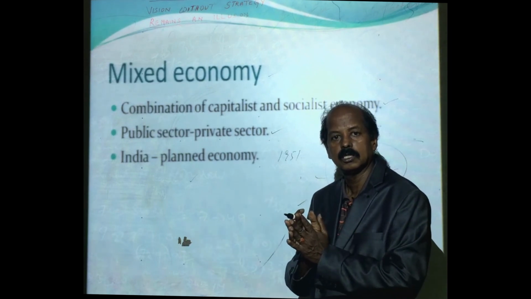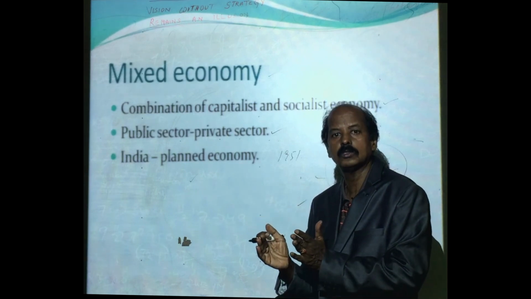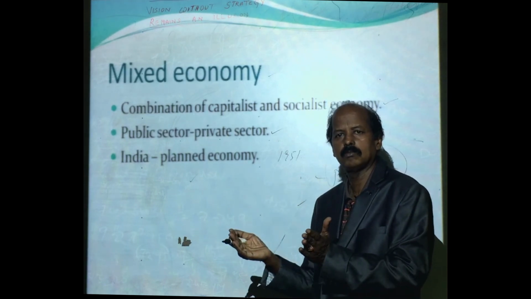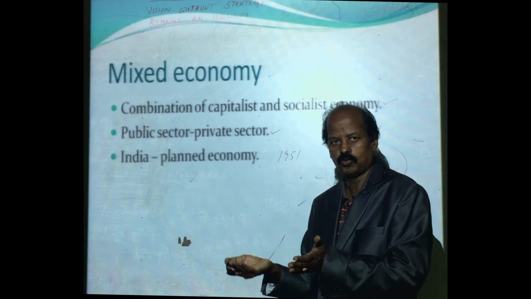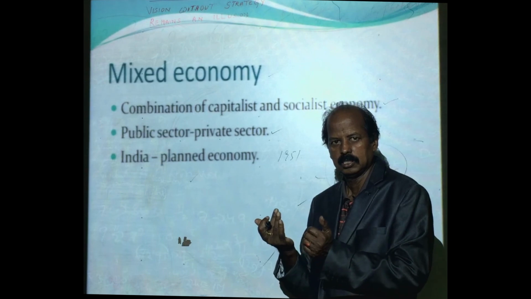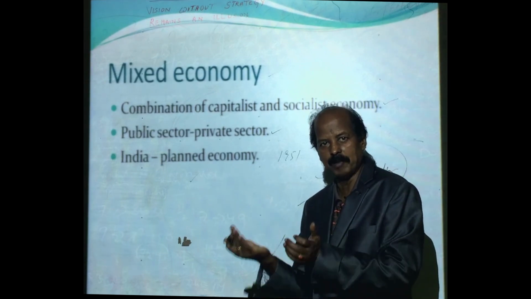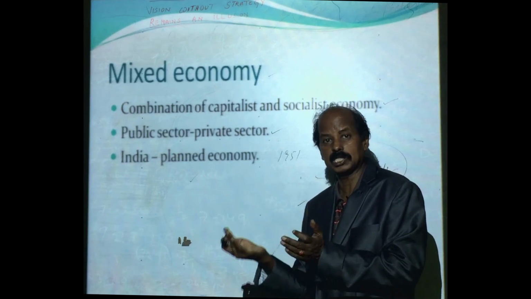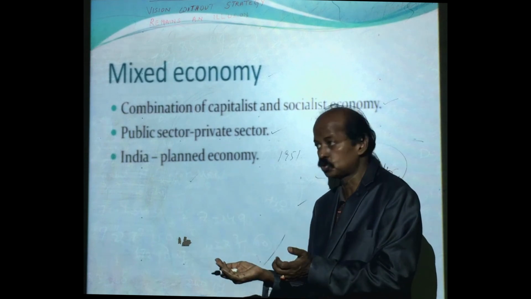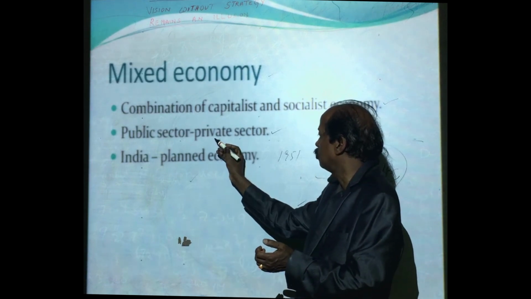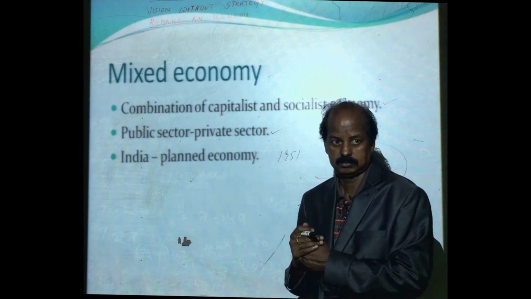However, as private sector plays key role, there are some economic problems like poverty, unequal distribution of income and wealth, regional imbalances, concentration of wealth in the hands of few. These are mainly due to the existence of private sector in India.